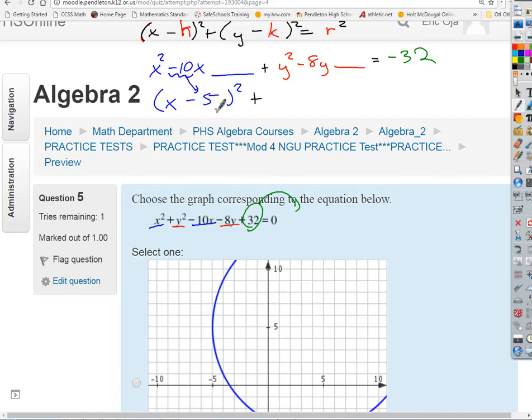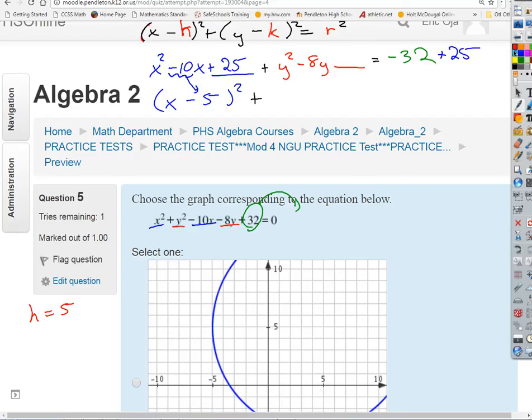So what does that tell us h is? h is 5. But one other thing: to get that, I have to add to both sides. What number do I have to add to both sides? 25, that's (−5)². So I've got to add 25.